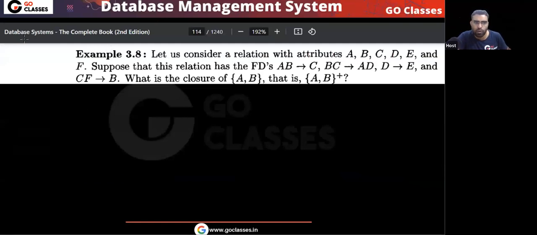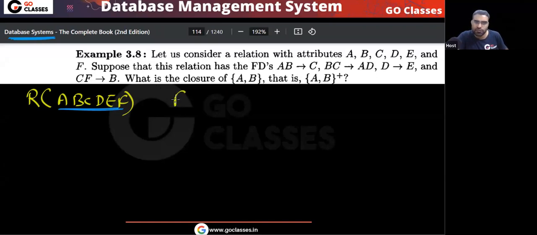Tell me the answer for this question. This question is taken from Ullman. Let's consider a relation with attributes A, B, C, D, E, and F. These functional dependencies are given to you.